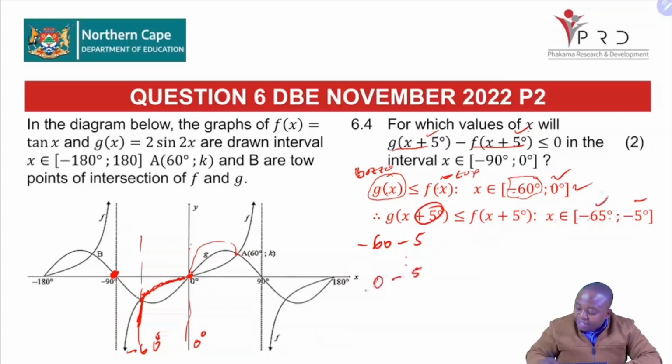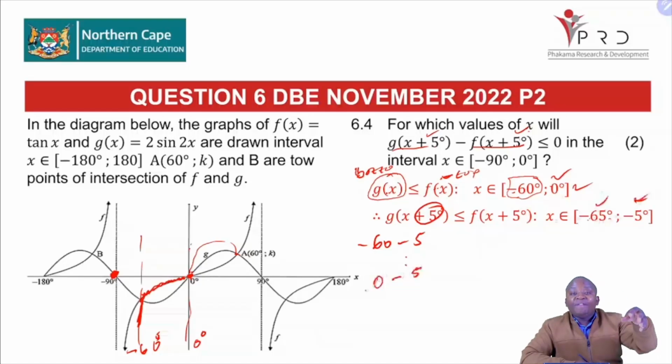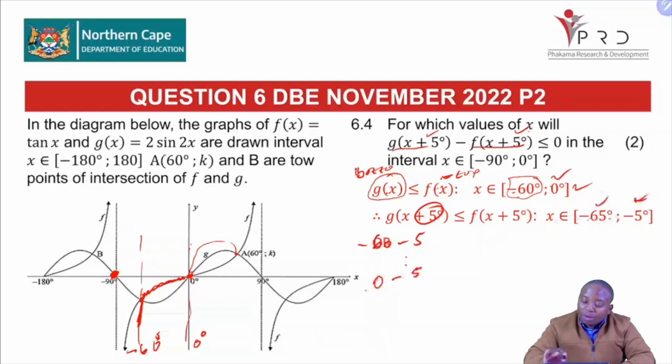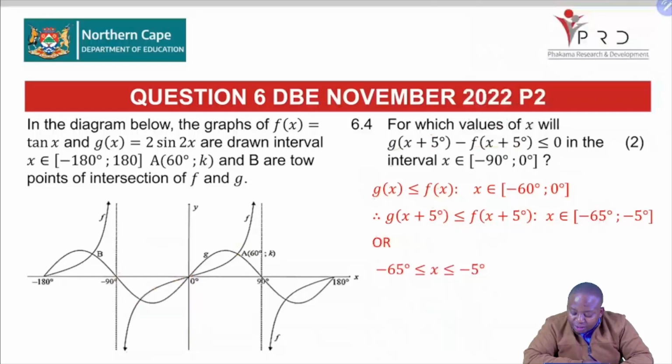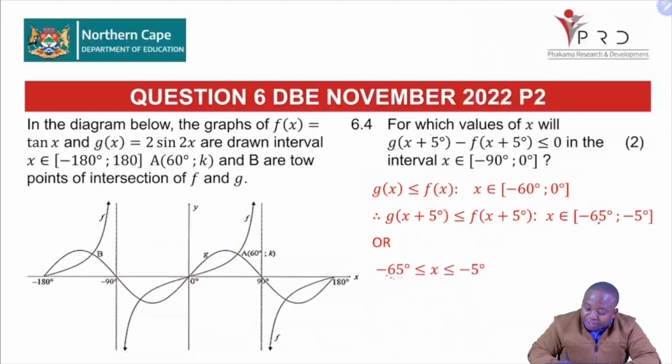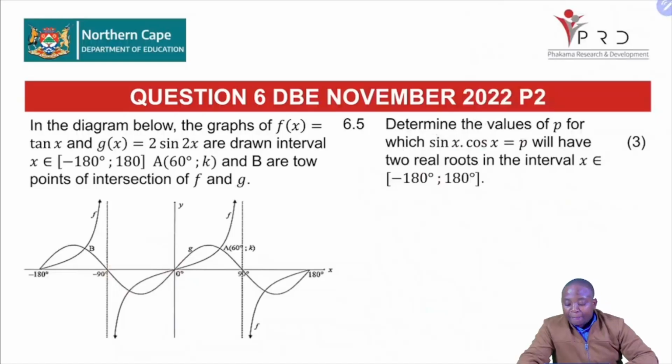So that's why we have negative 65 and negative 5. Very important: first thing that we do all the time, work with the normal function, and we can alter at the end. The second way we could have written this is to use interval notation. It says from negative 65 is less than or equal to x is less than or equal to negative 5.